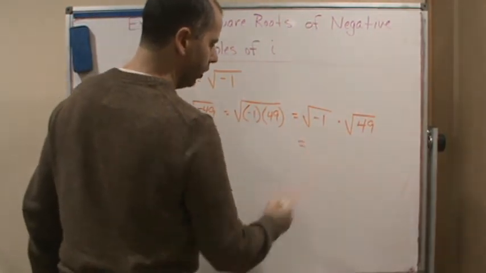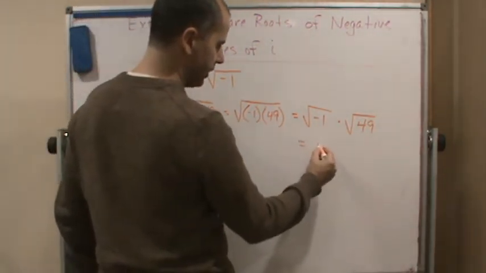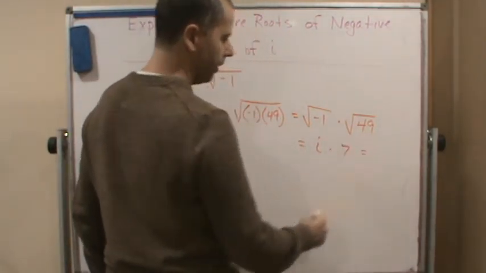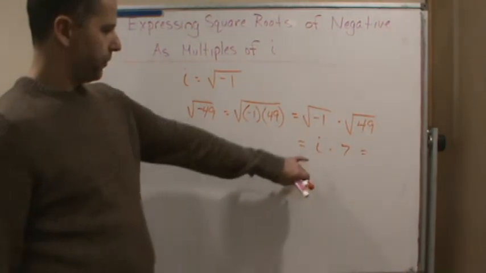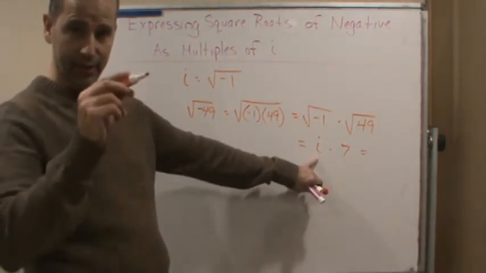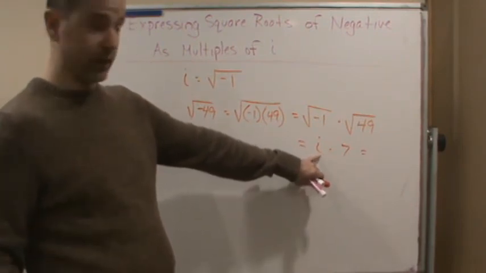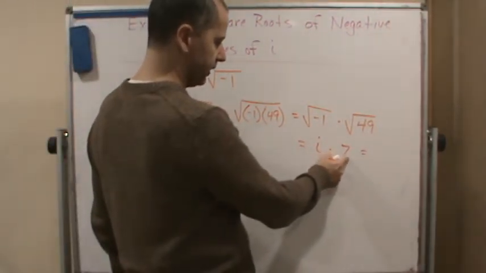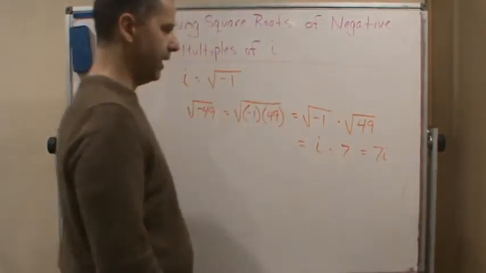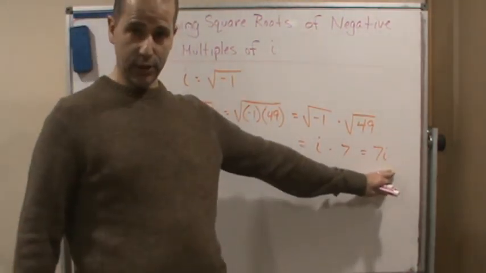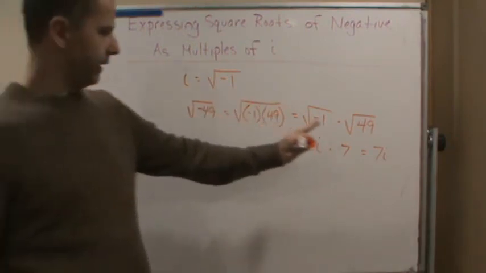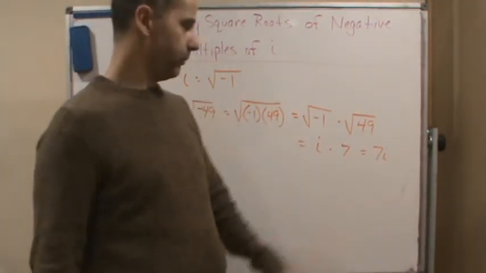The first is just i, and the second is just 7. We treat i like a variable, even though it's not, just like the number e, so we always put the constant in front. This is represented as 7i, which is what we call an imaginary number. So the square root of -49 is equal to 7i.